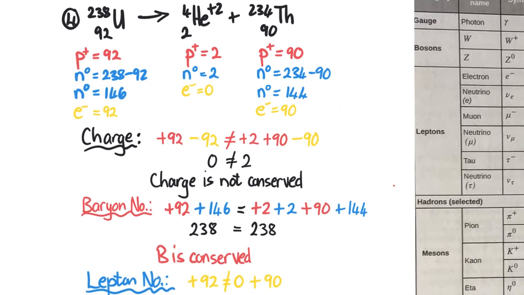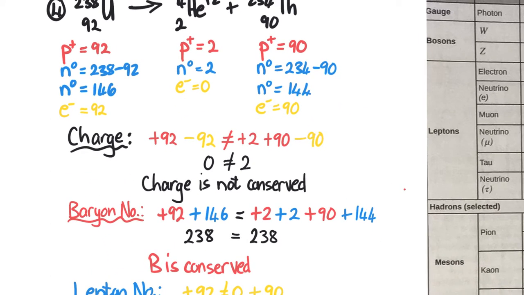If we go to the baryon number and we add up all the baryons, adding up the baryons is the protons plus the neutrons, and each proton and neutron has a baryon number of plus 1. So we've got 92 times plus 1 is 92, 146 times plus 1 is 146. We've got 2 protons and 2 neutrons in the helium nucleus.